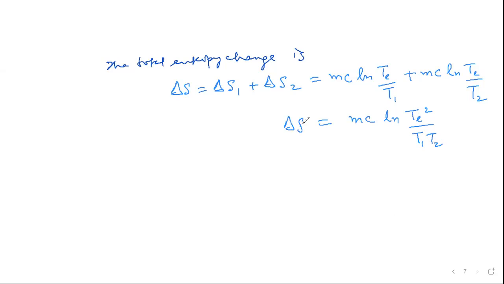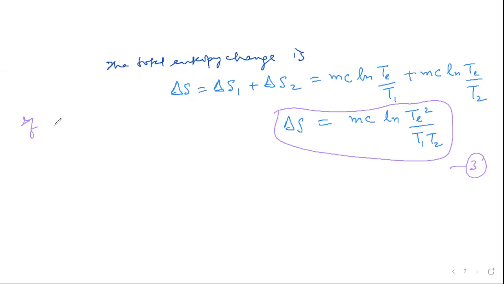This is my total entropy change. I name it equation 3. So total entropy change is MC ln TE square by T1 T2.